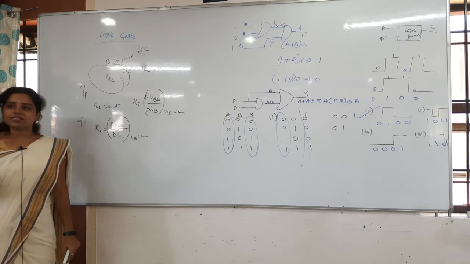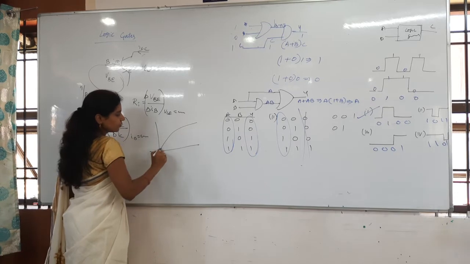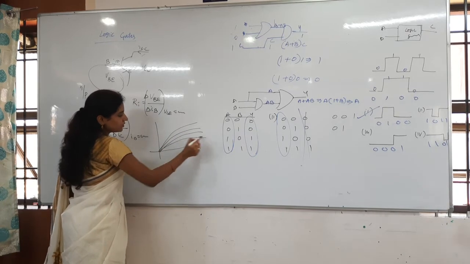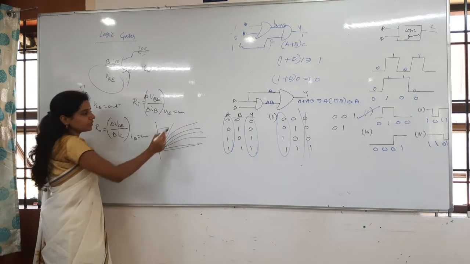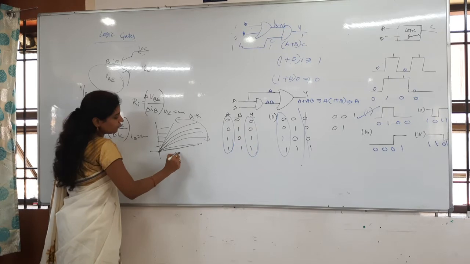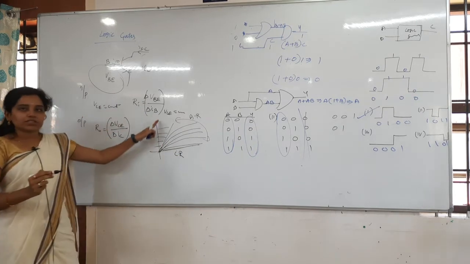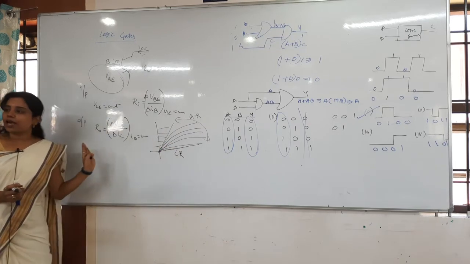In the saturation region we got the graph like this. You remember that? Yes, like that it was there. Now this region I said is the saturation region. This is the active region. This is which region? Cutoff region. In the saturation region I said that IC is not depending on the IB.